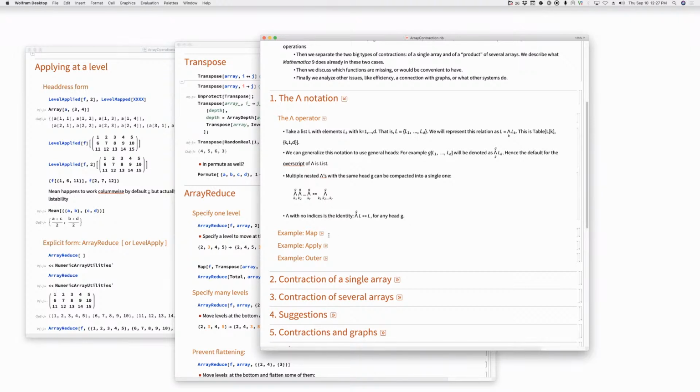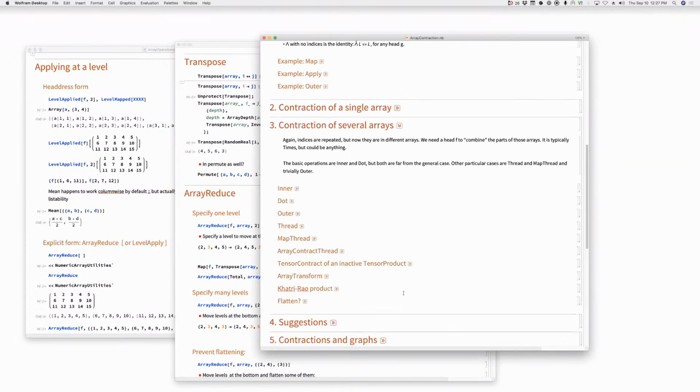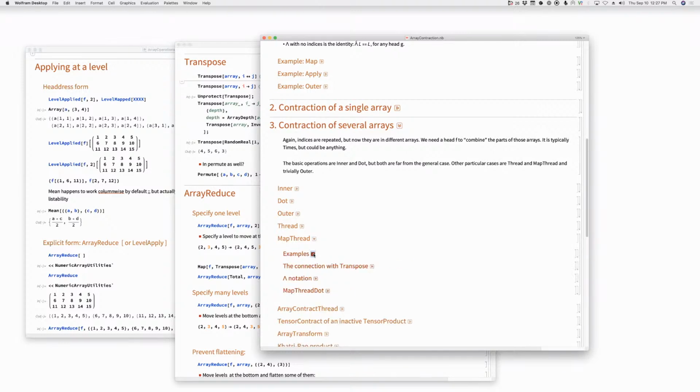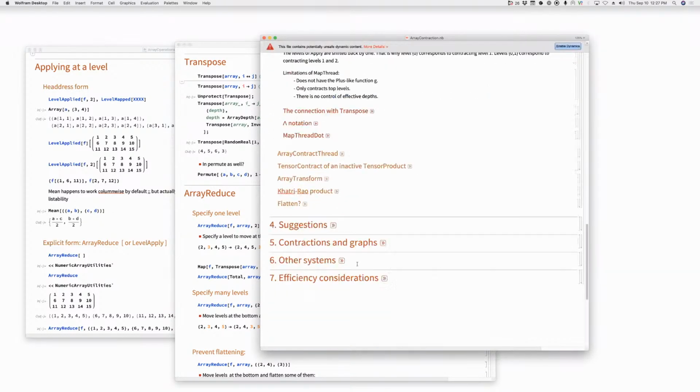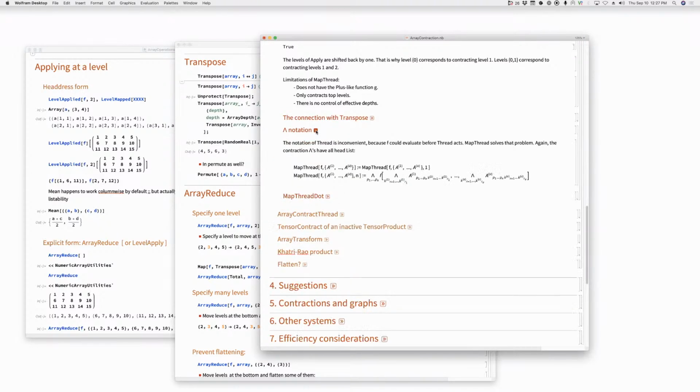And then if you go to, for example, contraction of several arrays and go to MapThread and Lambda notation, that would be the expression in this language.